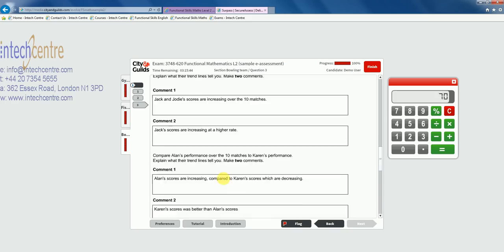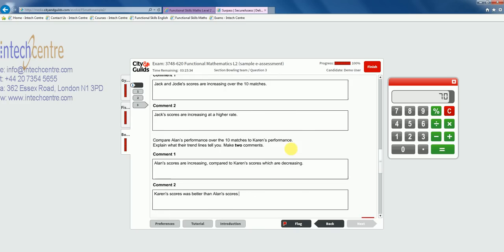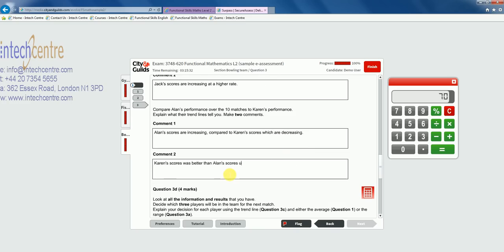We can have a look at when the dip is, because he does start going up. It's until after match 8 that Alan's scores are actually increasing, whereas Karen's scores are decreasing until match 8. Another acceptable comment could be Alan's scores are better than Karen's. You can say something like that.